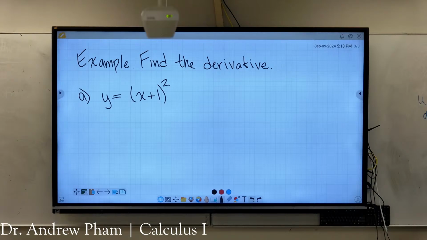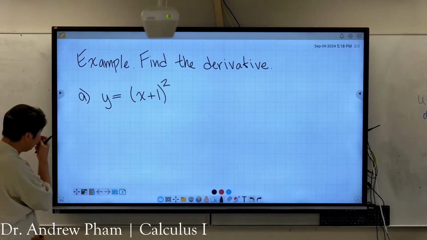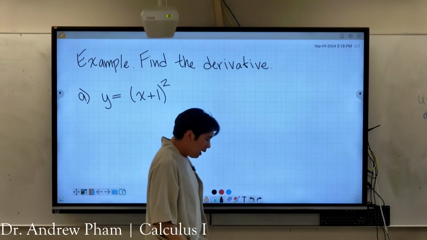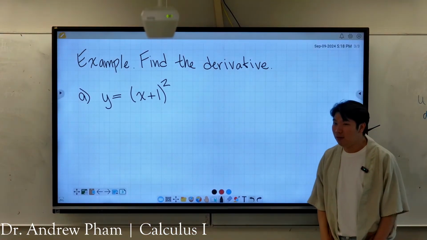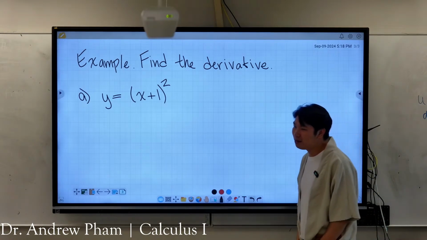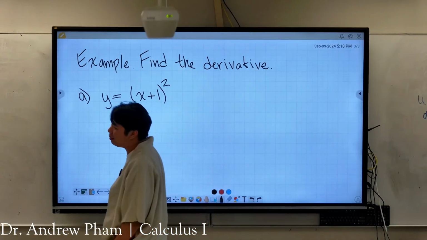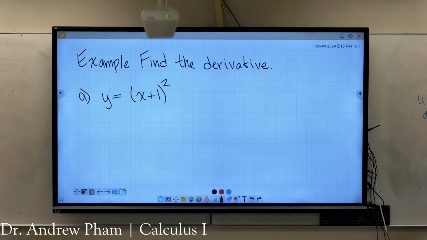This one is x plus 1 to a power. So again, that power rule is used whenever I strictly have an x to a power, not an x plus 1 to a power or anything like that. So I can't apply power rule immediately here. So how do I get around that such that I am allowed to apply power rule specifically?